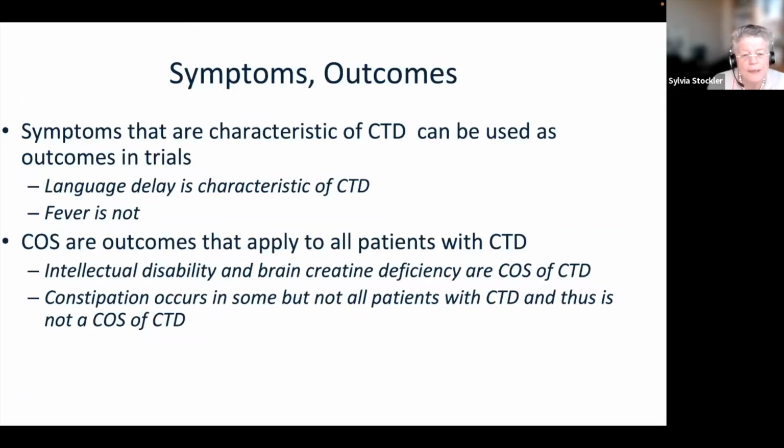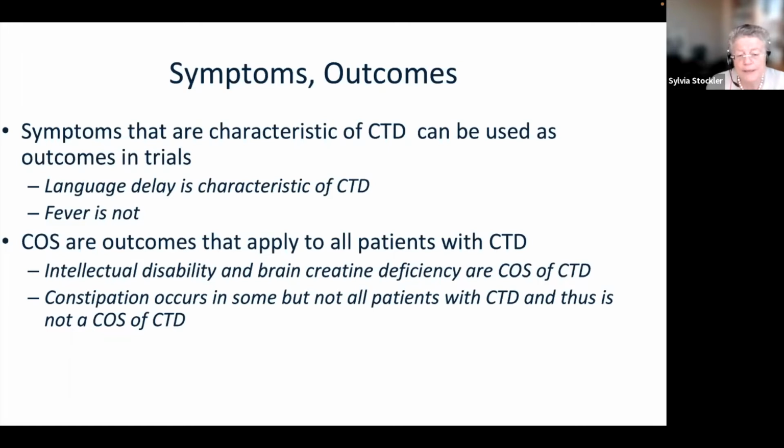So again, symptoms versus outcomes. Symptoms that are characteristic of creatine transporter deficiency can be used as outcomes in trials. I think we have understood that now. But of course, we have to look really carefully at what kind of symptoms we are using, because we need to use symptoms that are specific for the condition.